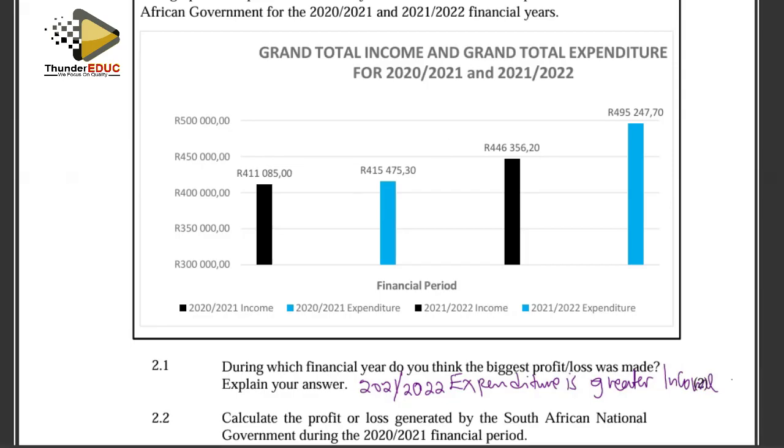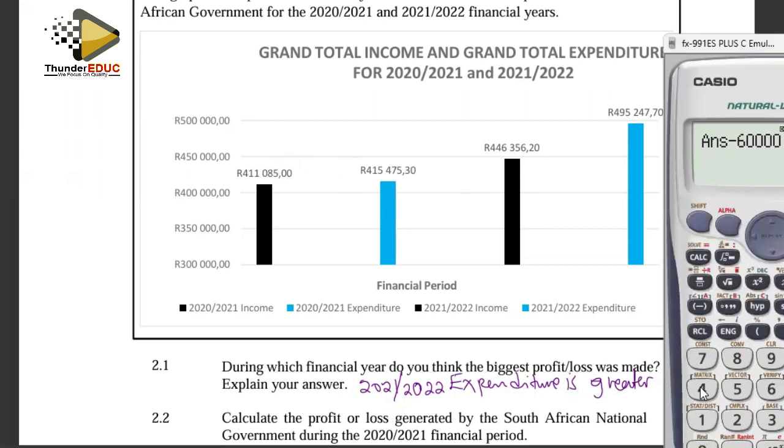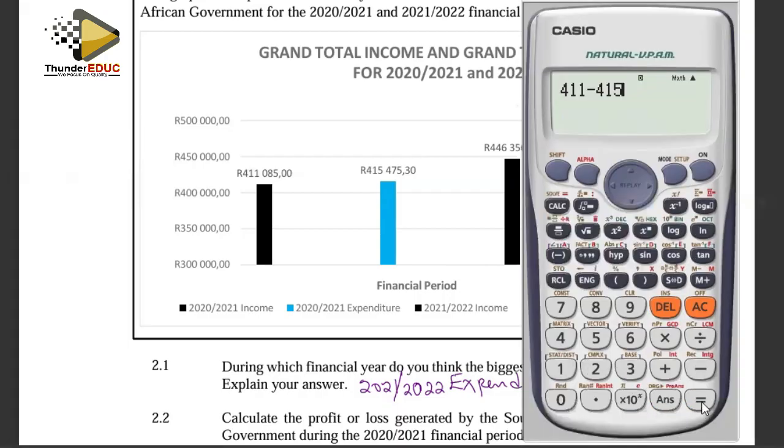And when we just look at it, a rough estimation, let's see. We shall look at this, which is what? Income 411 minus 415. This approximately, it's that much. You have a 4.